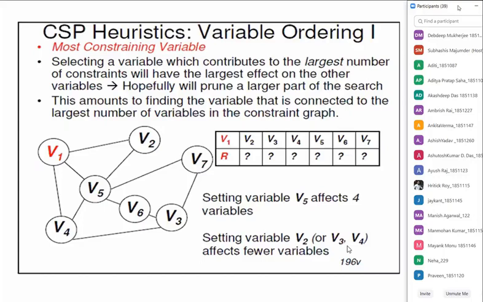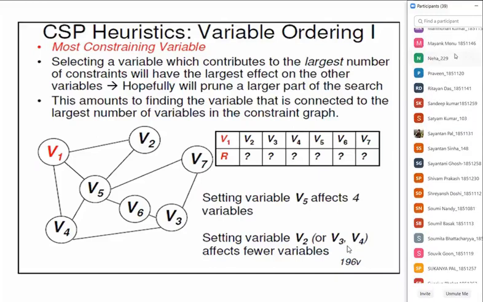So if I set V1 equal to R, if you have a look, setting variable V5 will affect 4 variables because it is connected to 4 other variables: V2, V7, V6 and V4. But setting variable V2, V3 or V4 affects fewer variables, maybe 2 or 3.